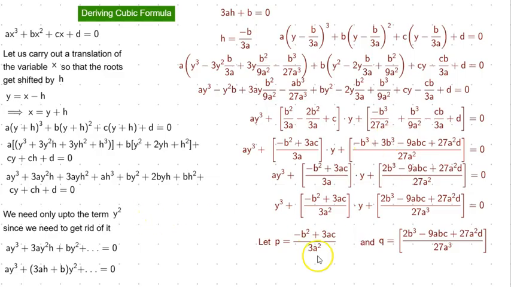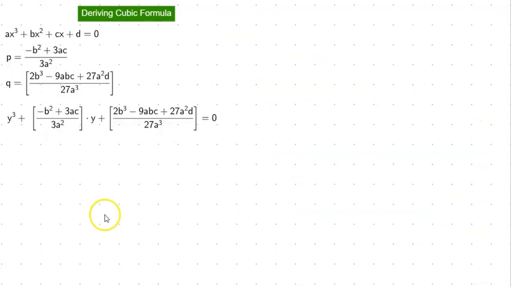So now we have arrived at a depressed cubic. Now that we solve, let's see how to continue. So we have found this equation with p equal to this and q equal to this.